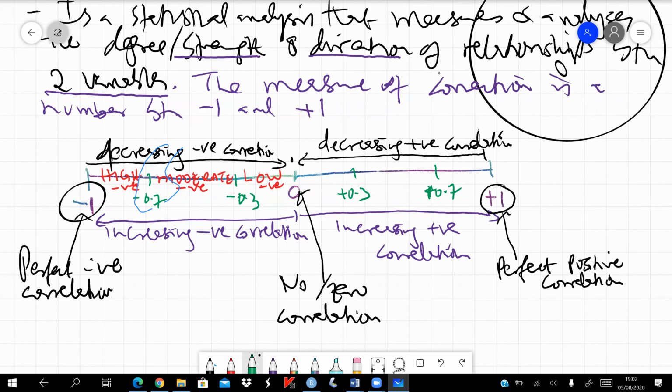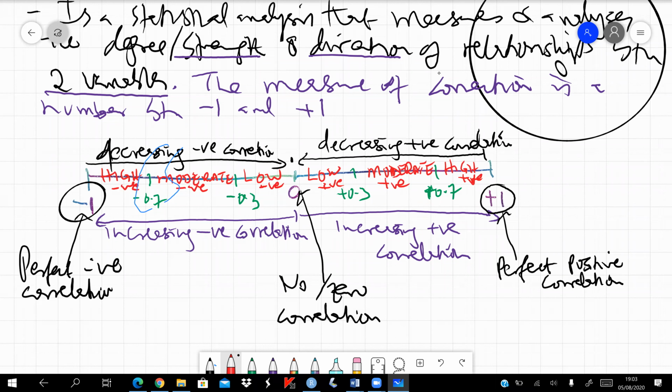So this is low positive. This is moderate positive. And finally, what is here is a high positive. You can change the names to very high negative, moderately high, and so on and so forth.